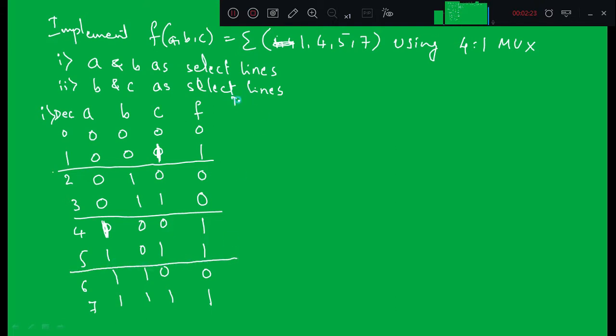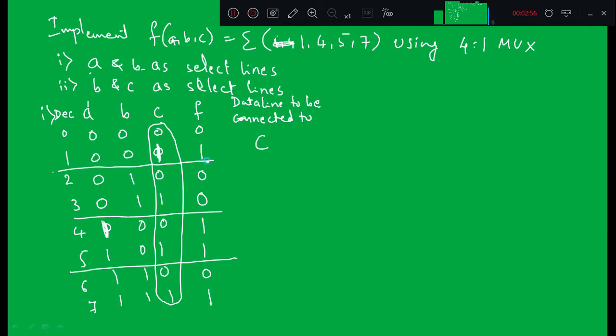So the last column is the data line to be connected to. See, a and b I am taking as select lines, so c goes on the data line, right? So compare again, same as the previous example. So what is the data? C is 0 here, C is 1, F is 0, F is 1, so they are same.